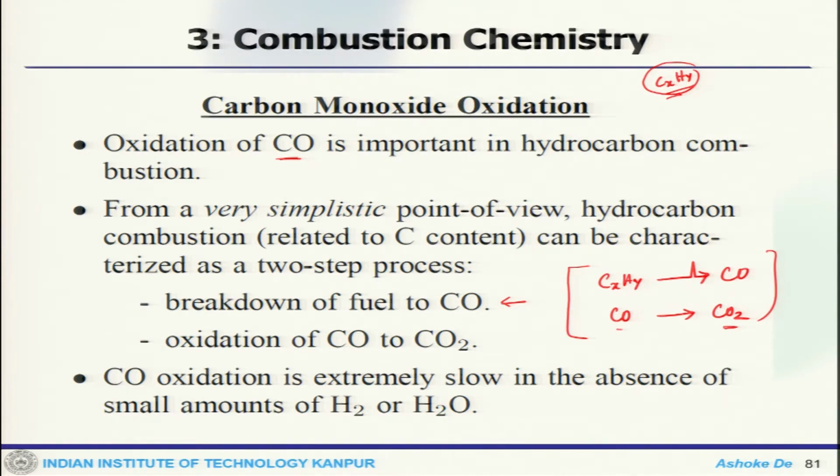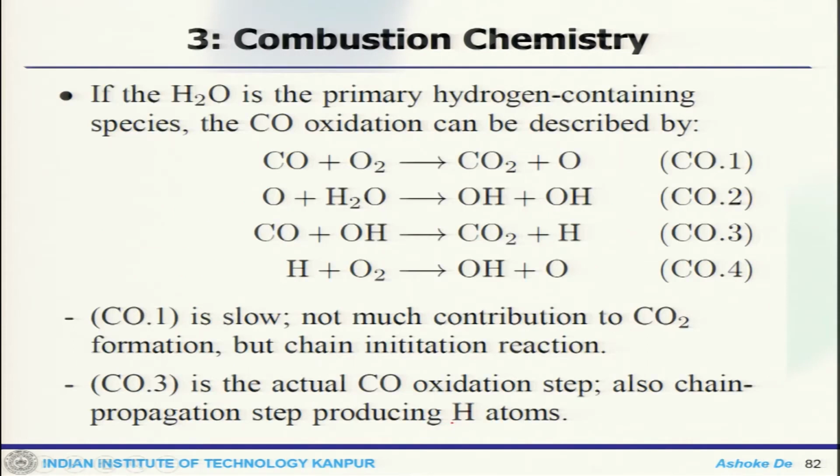Another challenging issue is that CO oxidation is extremely slow in the absence of small amounts of H2O and H2. Now, if H2 is the primary hydrogen containing species, one can describe the CO oxidation by this set of mechanisms.